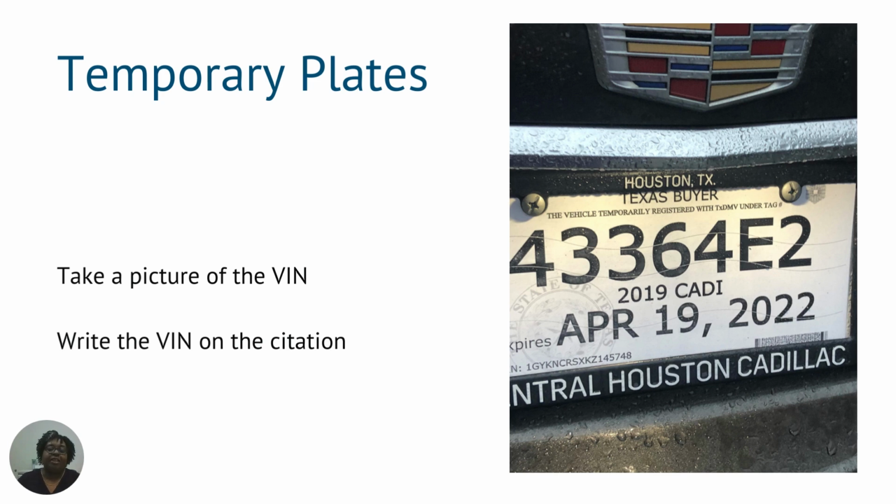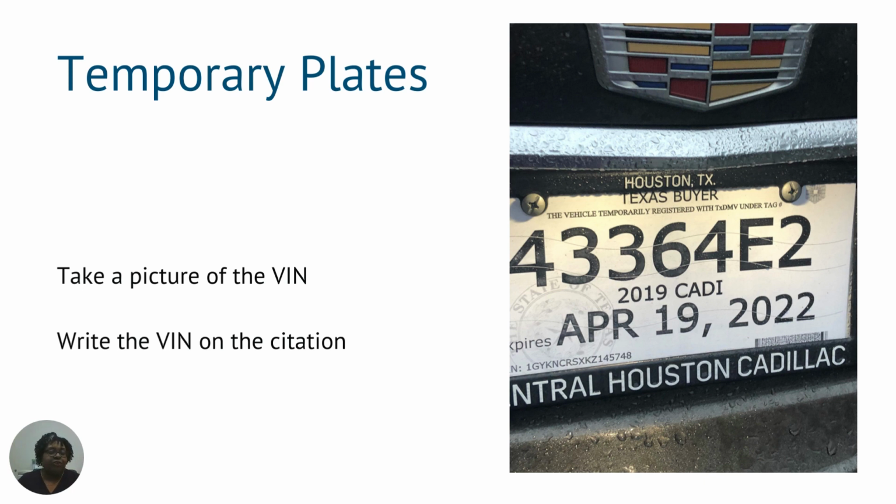One thing we need to do with temporary plates is actually write the VIN on the citation. So make sure you get a good picture of the VIN. If it's on the license plate, as in this picture, you can use that. And then when you're in the car, you can write that VIN number on the citation, because it's a long number to sit and write while you're standing out issuing a citation. So you don't want someone to walk up on you.